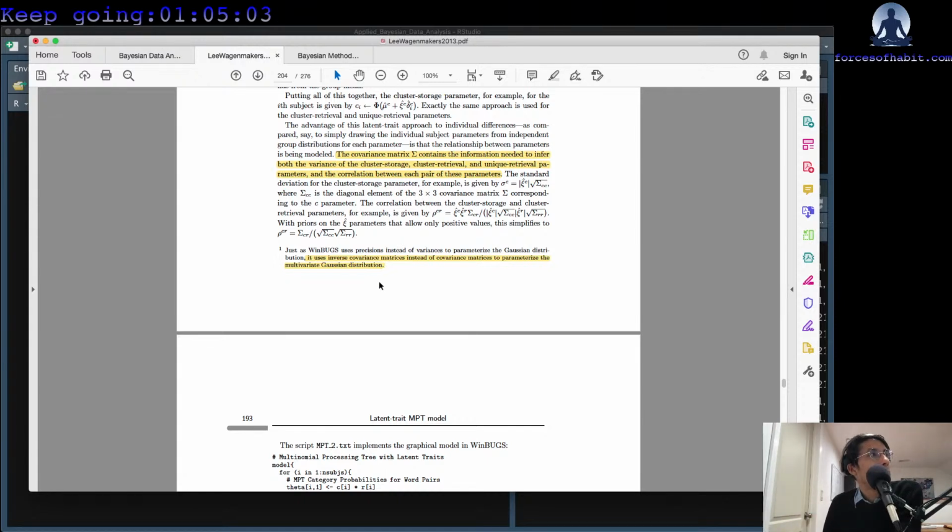Another thing to keep in mind here is the reason we use inverse covariance matrices instead of the covariance matrix is because of a specificity of using WinBUGS. Just like when we want sigma, we have to use precision. When we want a covariance matrix, we have to parameterize it as an inverse covariance matrix.